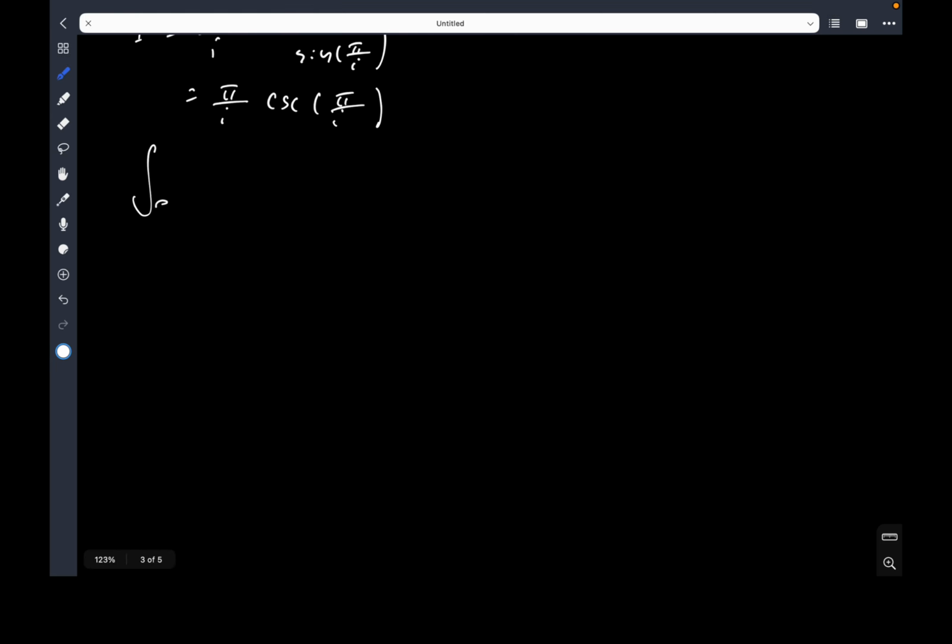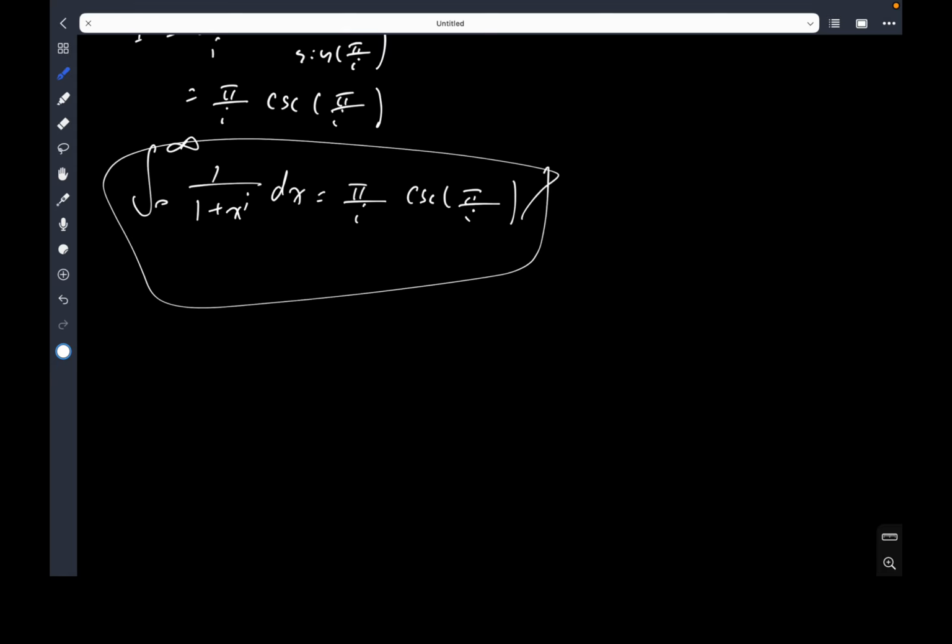Thus, the integral from 0 to infinity of 1 over 1 plus x to the i dx is going to be pi over i cosecant of pi over i. And that is the neat result of our integral here.